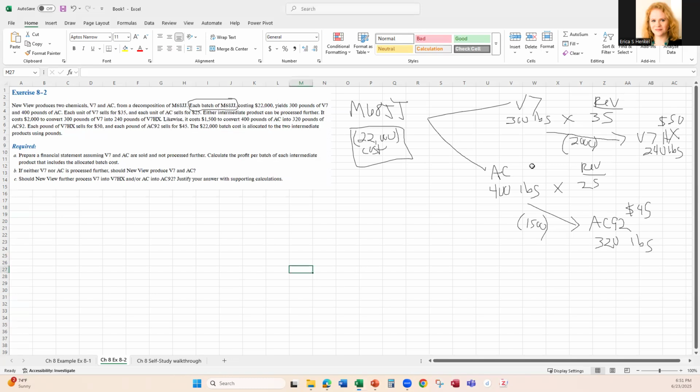So basically, if we've got 700 pounds here, we divide the $22,000 by the 700 pounds. That gets us a cost here of $31.43, we'll say. We'll round that off. And down here, we're going to get 400 times that. If we highlight those, we're slightly over $22,001.